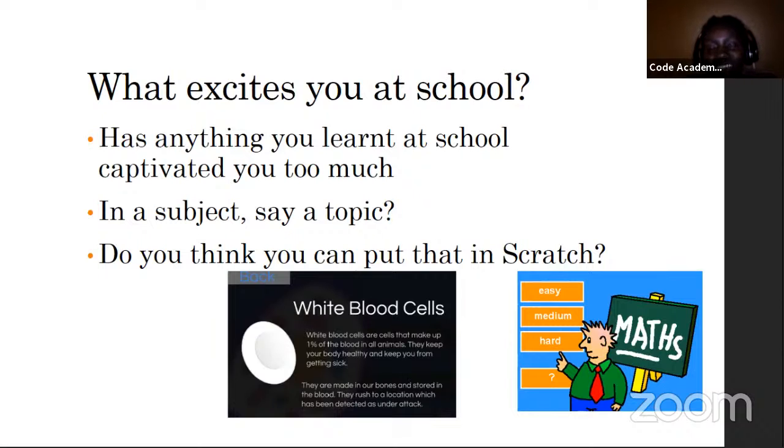Yes, Angel. Someone can't understand the language, and how do they make that button to change languages? Which button? Like in Scratch, you put blocks together to make a button, and when you click that button, it shows other options, so other languages.